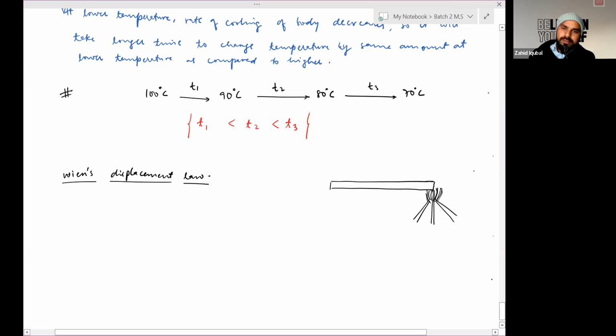So on absorbing heat, it will tend to glow. Which color do you observe first? Blue, green, yellow, violet, something else? Samira?